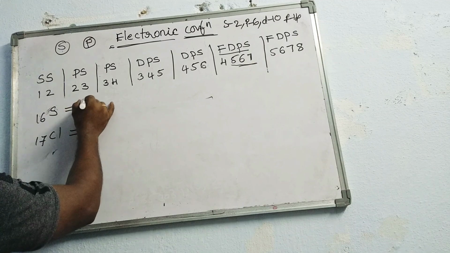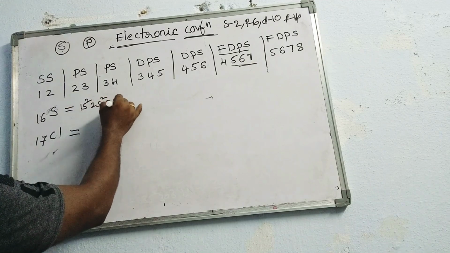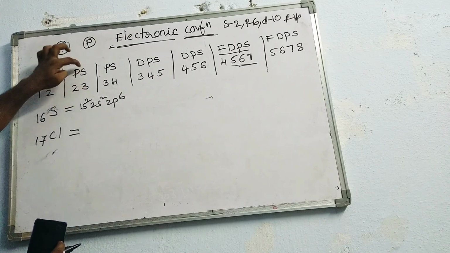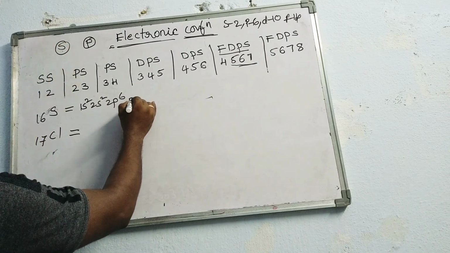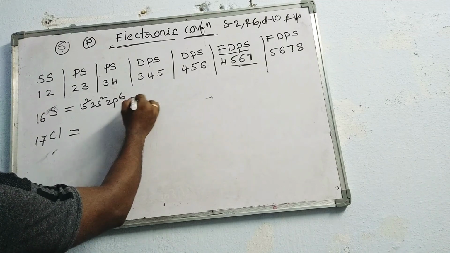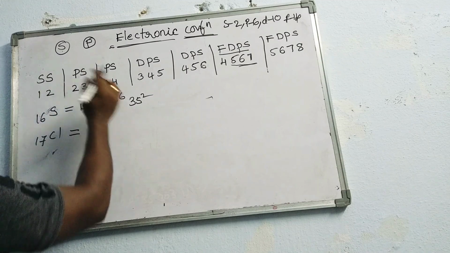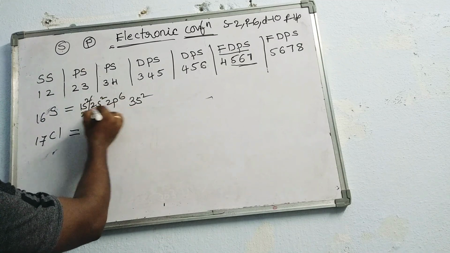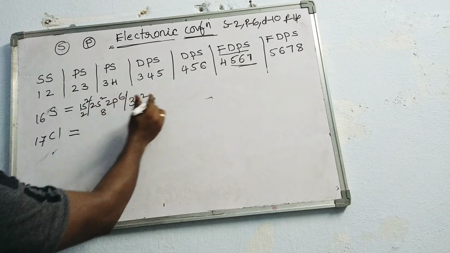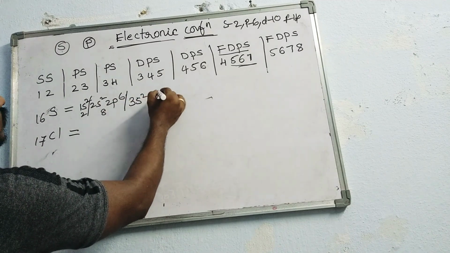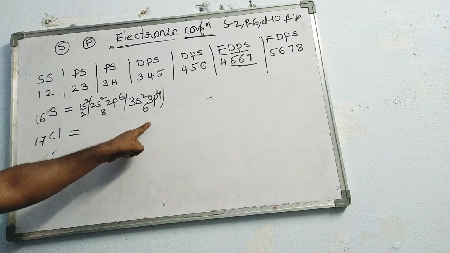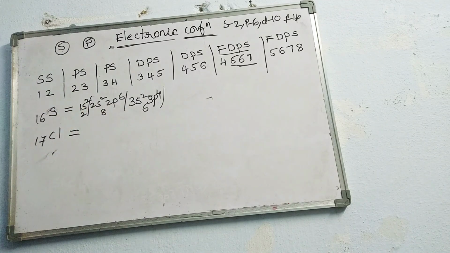So you can write the electronic configuration 1s2, 2s2, 2p6, 3s2. Count the electrons: 2 electrons, here 8 electrons, 8 plus 2 is 10. So you can write 3p4. See here, total 6, so 8 plus 6 is 14, 14 plus 2 is 16 electrons.